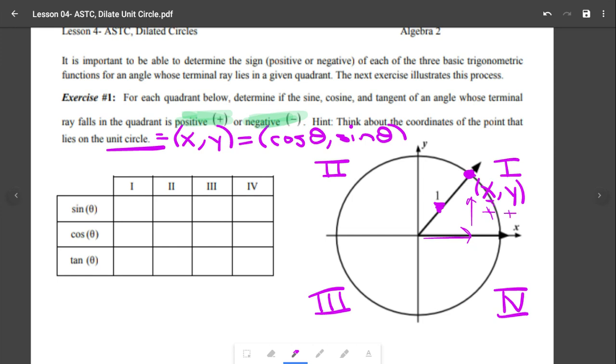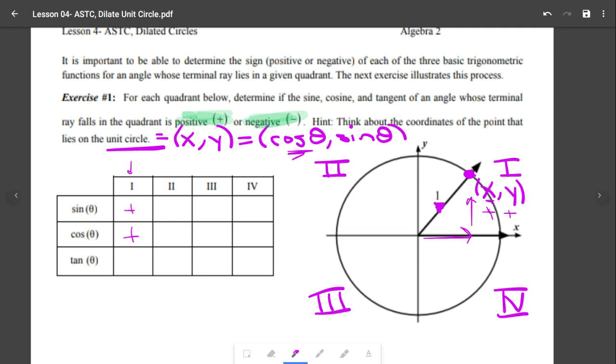So no matter where this point happens to be, both the x and the y will be a positive number. X, remember, is cosine, so that means in the first quadrant, cosine is positive. Sine is the y, and since y is positive, sine, we say, is positive in the first quadrant.